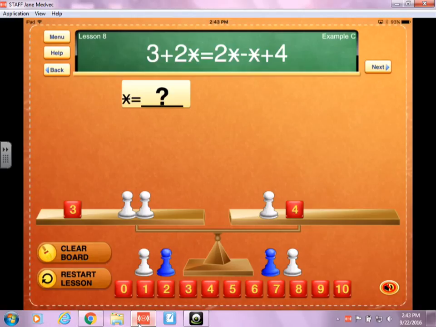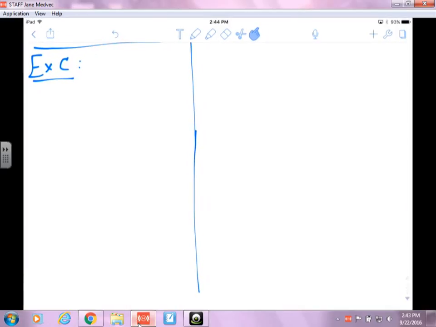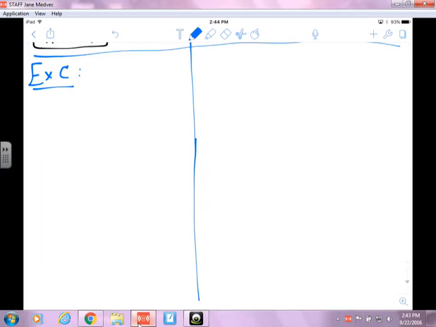Okay, now what can I do? Subtract the star. Okay, so minus a star, minus a star. So I'm going to go back to my notes then. And my original equation was 3 plus 2 star equals 2 star minus star plus 4.